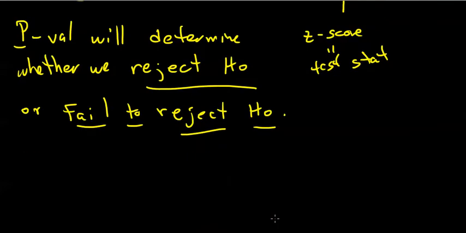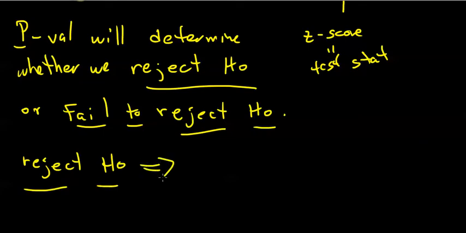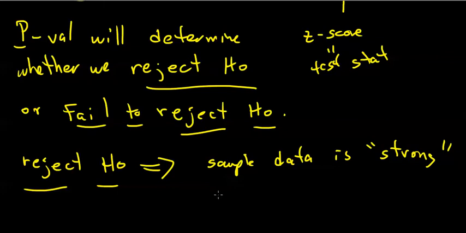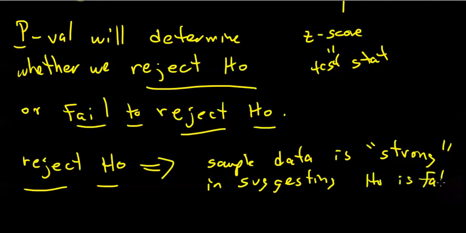If we reject H0, we're implying this: sample data is strong or statistically significant in suggesting H0 is false.